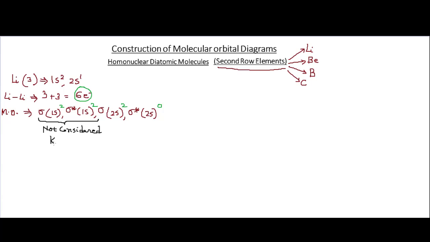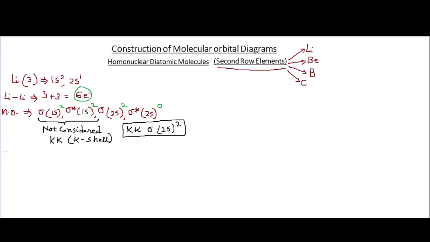Instead of these we write KK. This KK signifies the K shell, the inner shell. So we write the configuration as KK sigma 2s2. This is the molecular orbital electronic configuration. From here onwards we'll use KK for sigma 1s and sigma star 1s, the innermost orbitals.